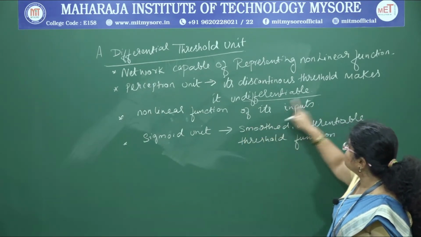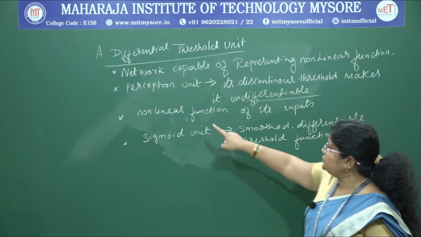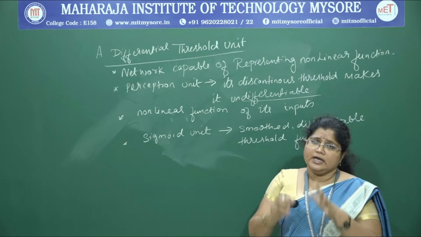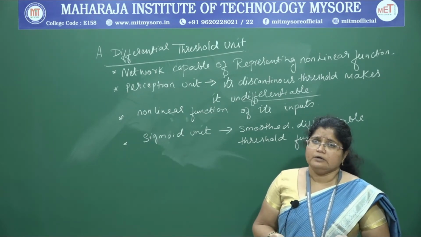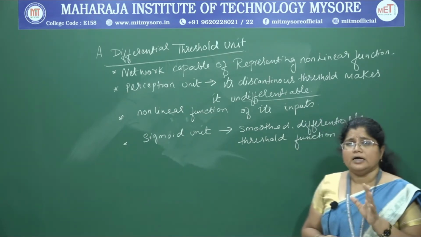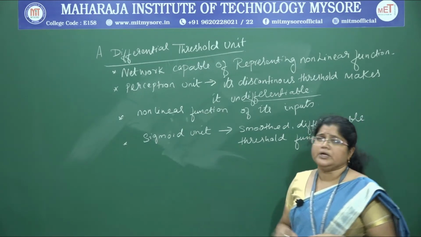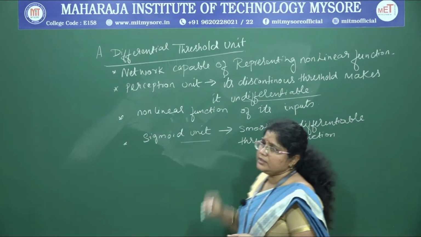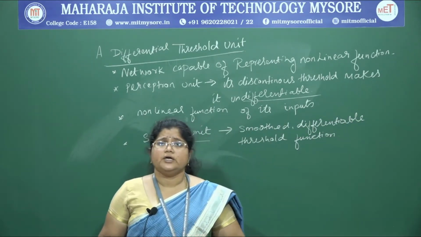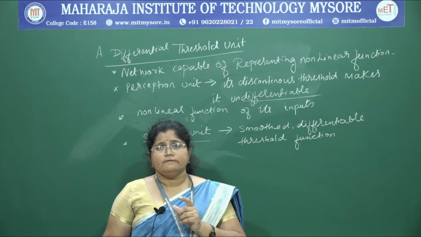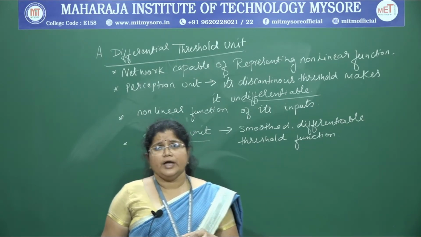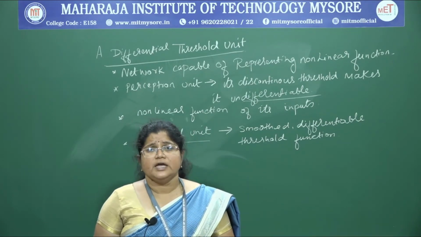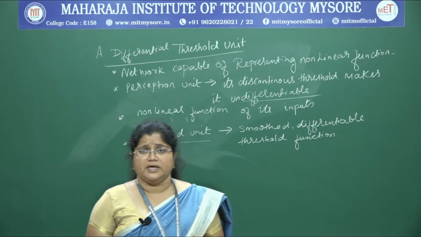So to overcome this drawback, we need a non-linear function for the provided inputs in a complete neural network. We are going to depend on another unit, which we call a sigmoid unit. The sigmoid unit addresses the non-linear function and provides you a non-linear decision surface in a two-dimensional space.